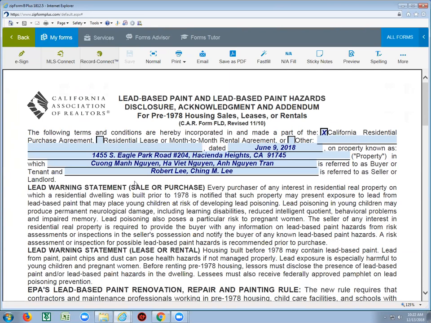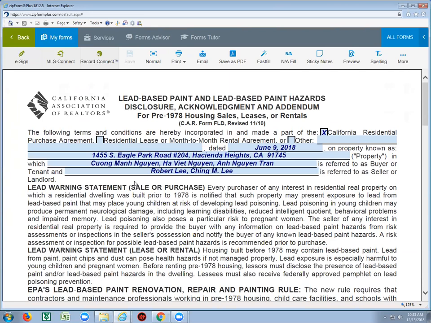Purchase agreement date. Not the seller signing, whatever the counter offer date. It's always the buyer's agent when they prepare the purchase agreement date. So you'll see on the RPA-CA, top left-hand corner, they have a date, and that's the dated.